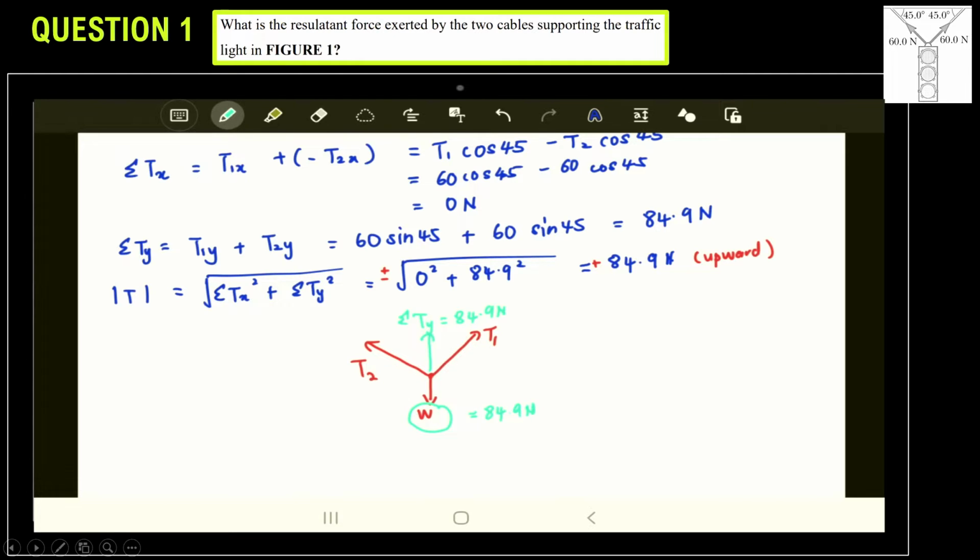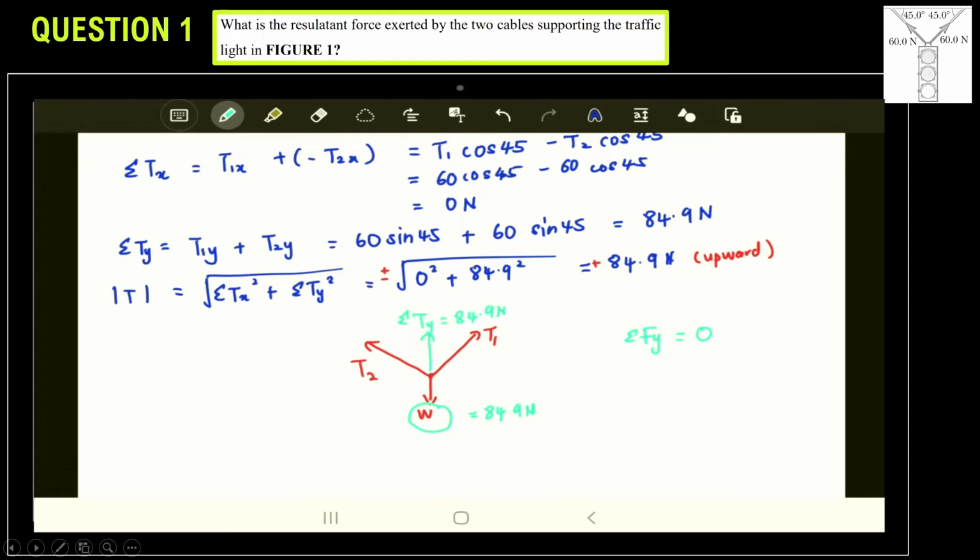Why do I say that? Because this system is in a stationary condition. This is an equilibrium condition, not moving. That means total Fy is equal to 0.